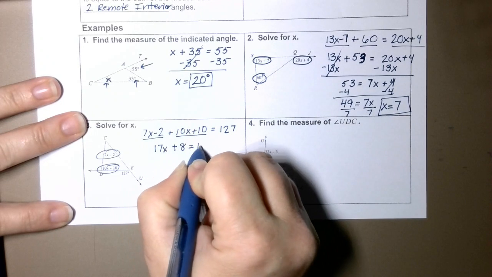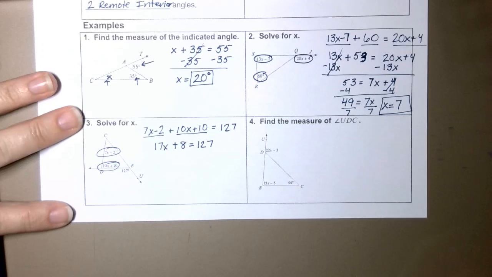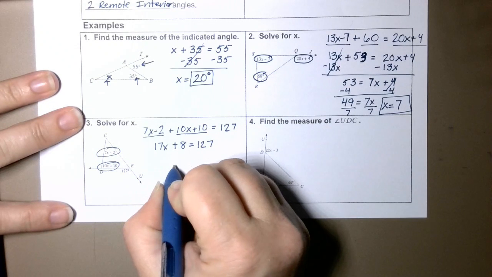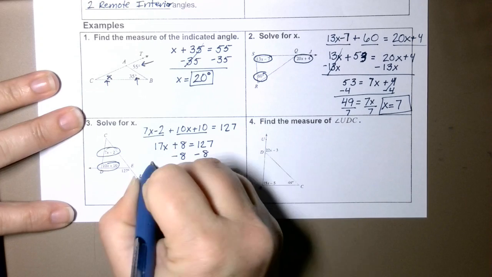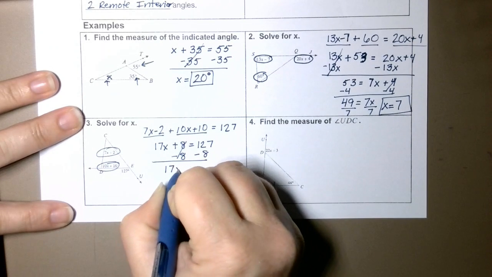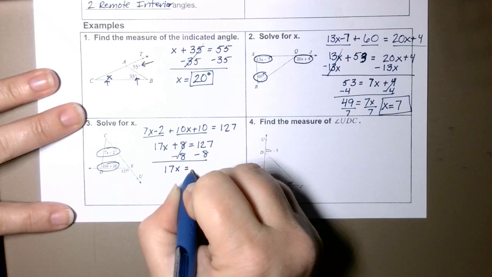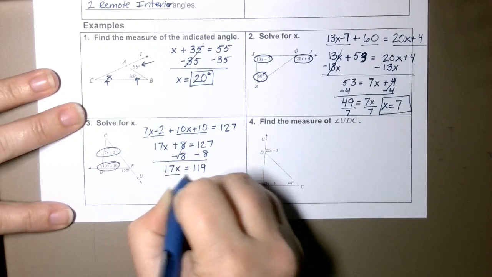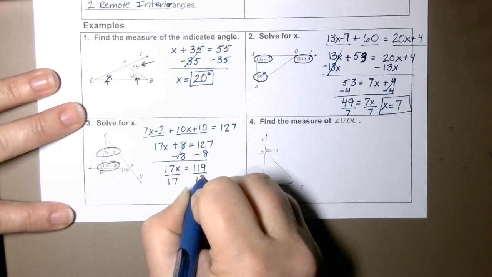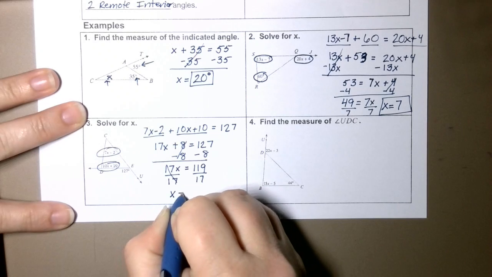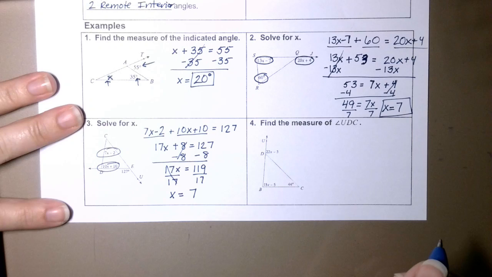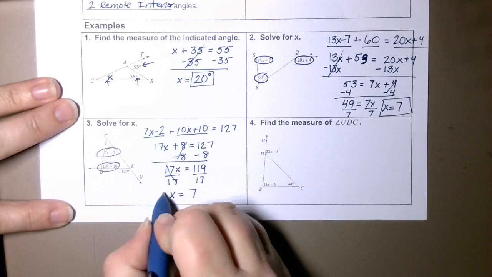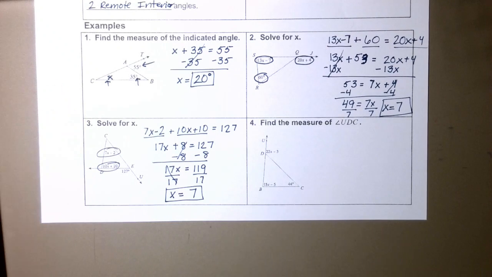Am I okay so far? So what am I going to do? So 17x equals what? 119. And the last step, I'm going to divide by 17. And x equals what? 7. Are they asking for x or are they asking for an angle? X. And do I put a degree sign? No. All right. You try the last one.